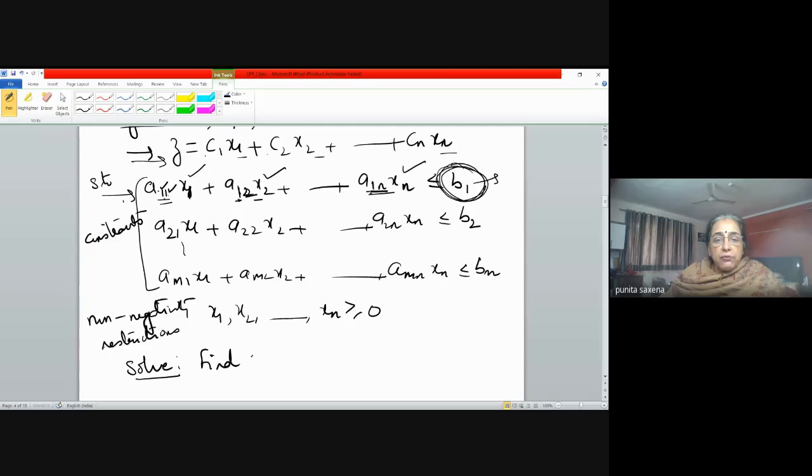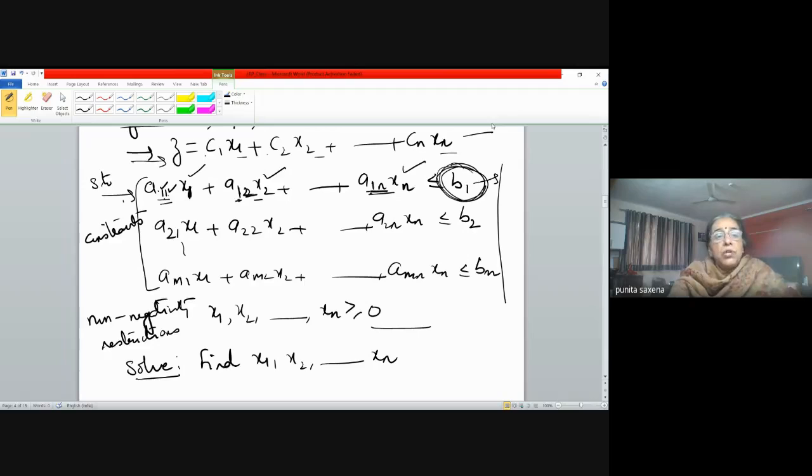We are actually finding the values of these variables x1, x2, xn, such that the constraints are satisfied, the non-negativity restrictions are met, and my objective is also met. So there are three things here.